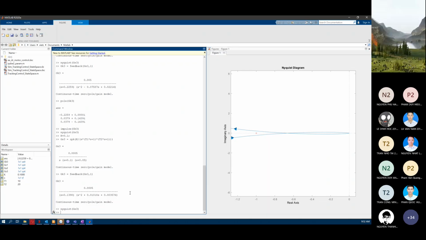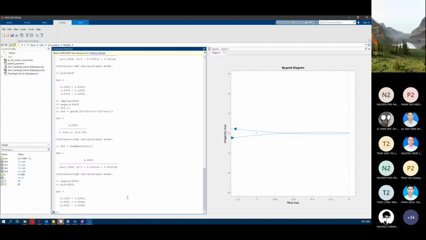Okay, then we look at G(k)3. Yeah, we see all 3 poles are on the left half of the s plane, so the closed loop system is stable.